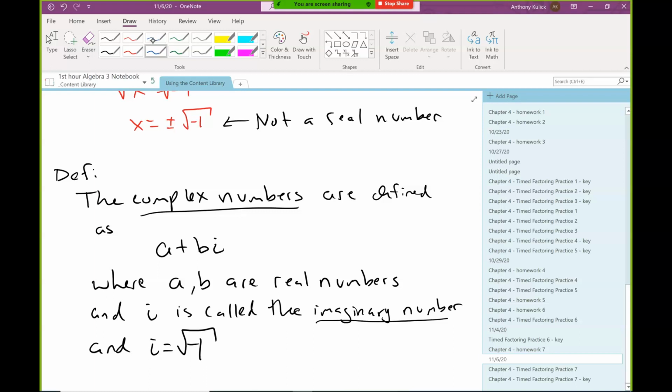So if we return to our previous example, where we had x is equal to plus or minus the square root of -1, this didn't have an answer before, but now after this new definition, we can just say that that is equal to plus or minus i.